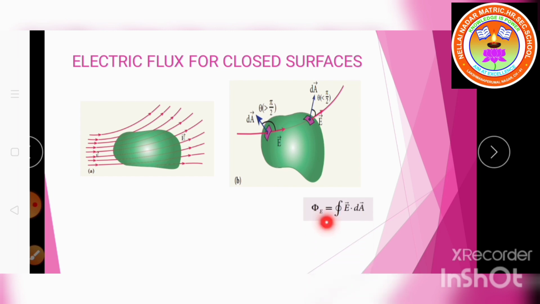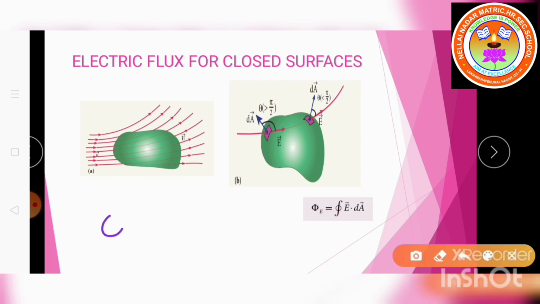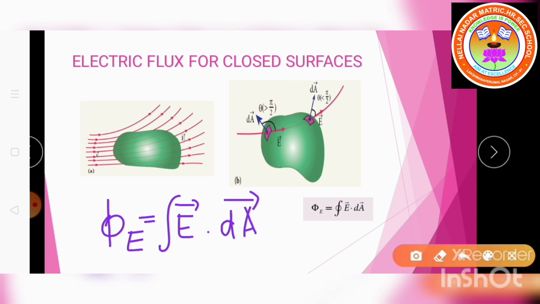Φ_E equals, very important here, listen, children. In the first formula we wrote Φ_E equals the integral of E vector dot dA vector. This is for the arbitrary surface.